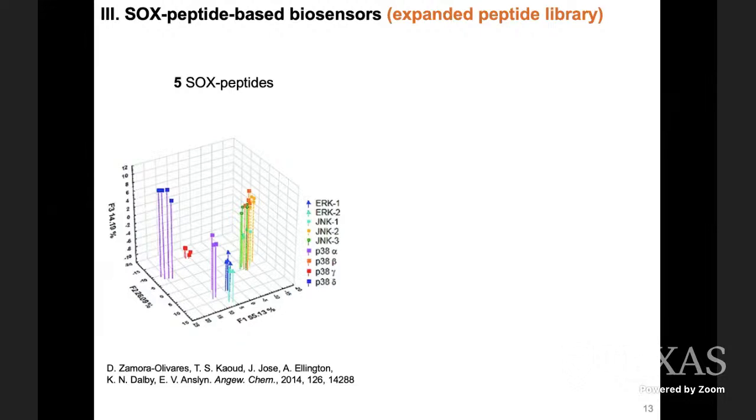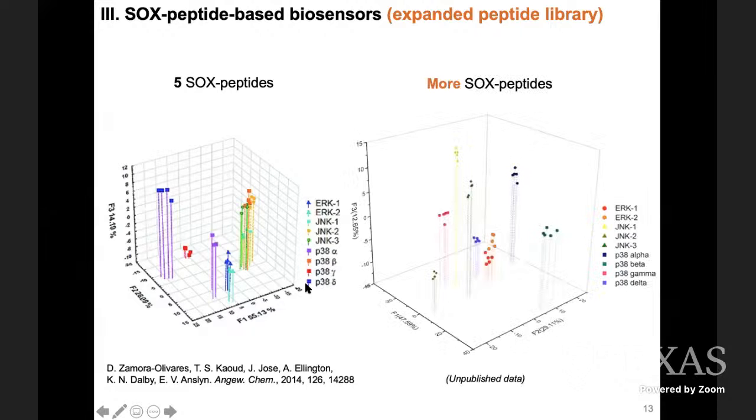So we rationally designed more peptides with additional selectivity to ERK and P38 groups. We expect to see a better differentiation performance within the ERK and JNK groups, also between the JNK and the P38 groups. And here we have some achievements. The 2 ERK isoforms right here, the 2 dots, they're still a little bit close to each other, but we can distinguish them.